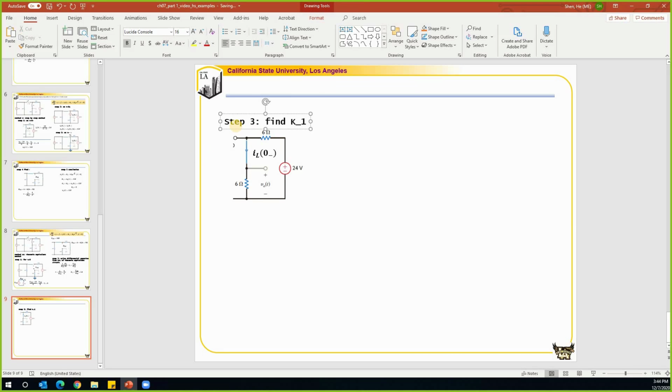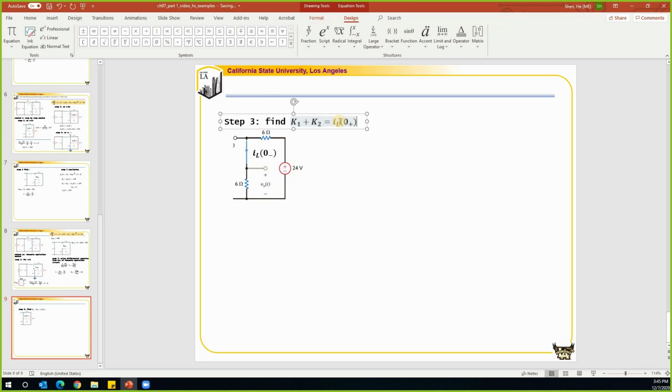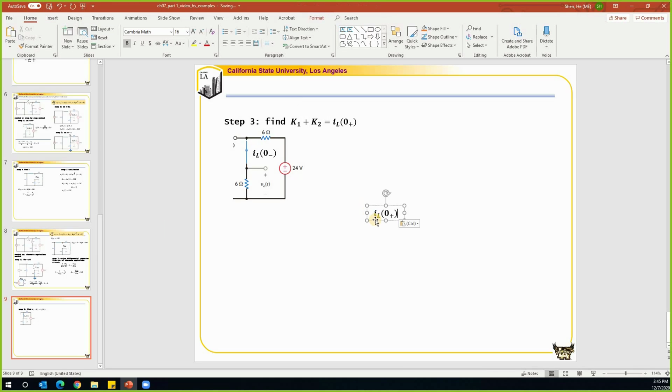Or you can say K1 plus K2 is equal to the initial condition. And from the continuity property, IL at 0 plus is equal to IL at 0 minus. So this is why we are looking for IL at time equal to 0 minus. And we find this is the same as what we had before, which is 24 divided by 6 plus 6, which is equal to 2 mA.